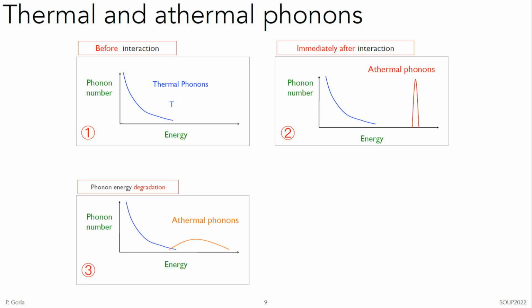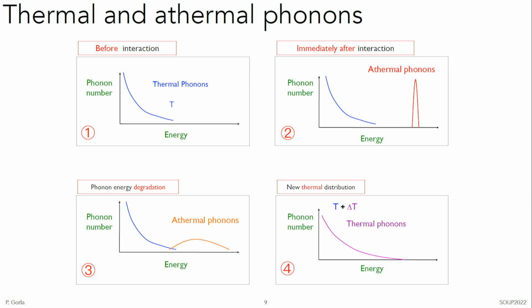Then through degradation, phonons decrease more and more their energy, and eventually you get to a final new distribution, which is the new temperature of the crystal. Basically, the idea of cryogenic detectors is that by measuring this temperature increase, this delta T, you are able to measure the energy. This, I think, is obvious.